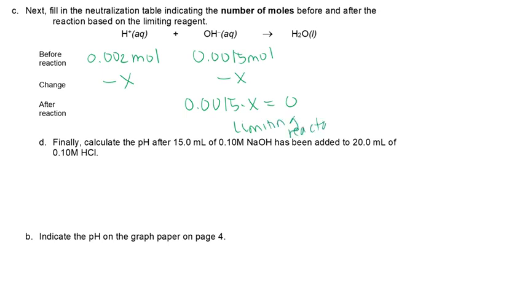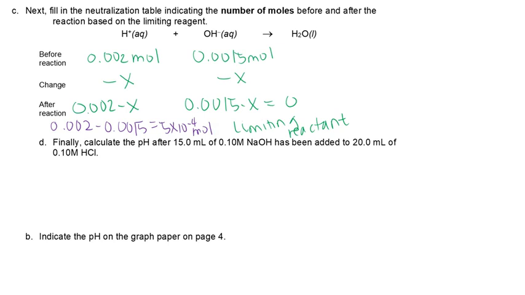So OH- is the limiting reactant. And so we can say X is going to be equal to 0.0015. So if we plug, let me write the original equation, minus X. And if we plug that in, 0.002 minus 0.0015, then we get that we have 5 times 10 to the negative 4 moles of H+.